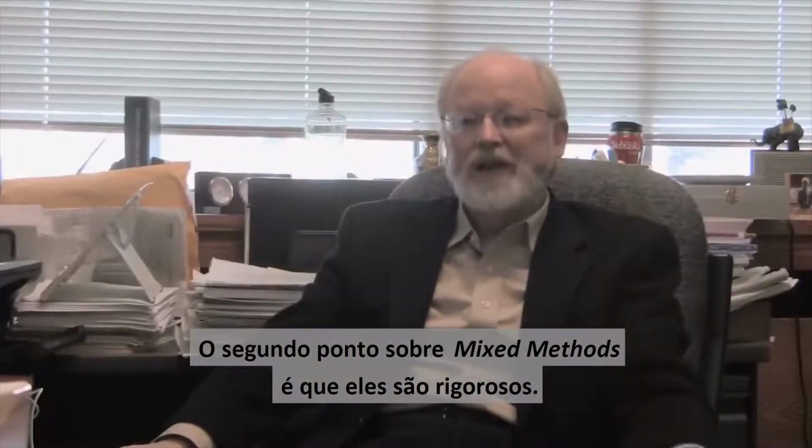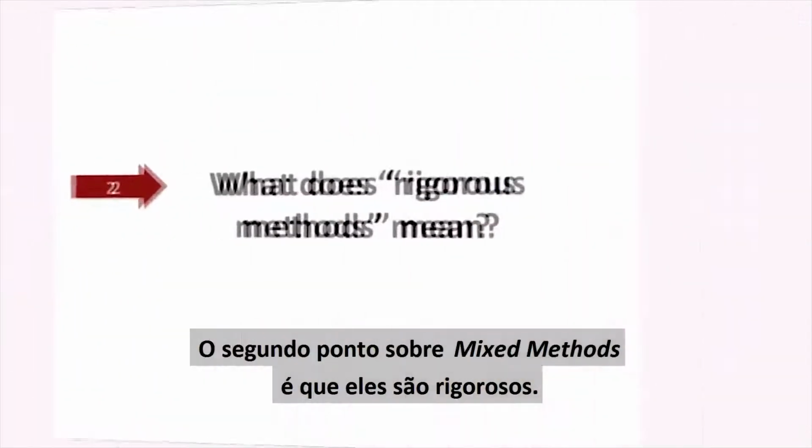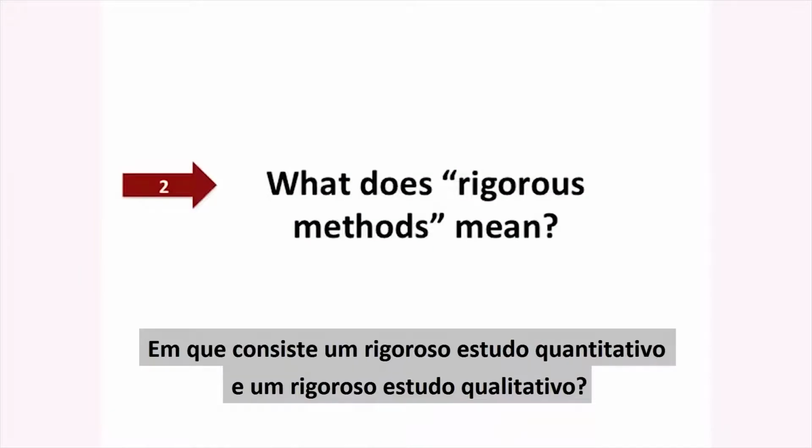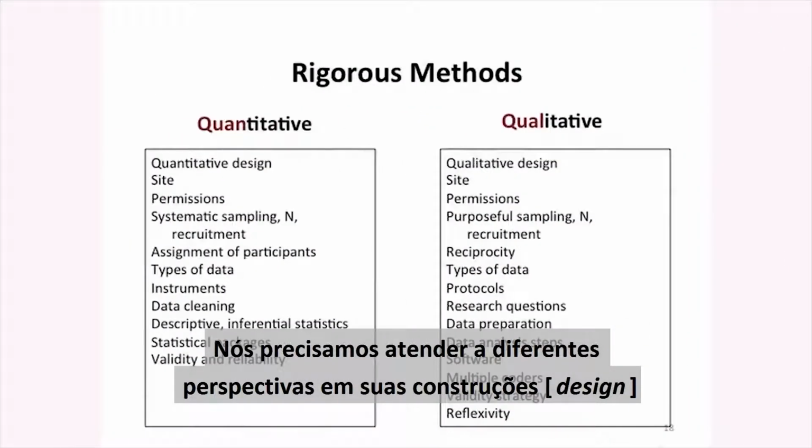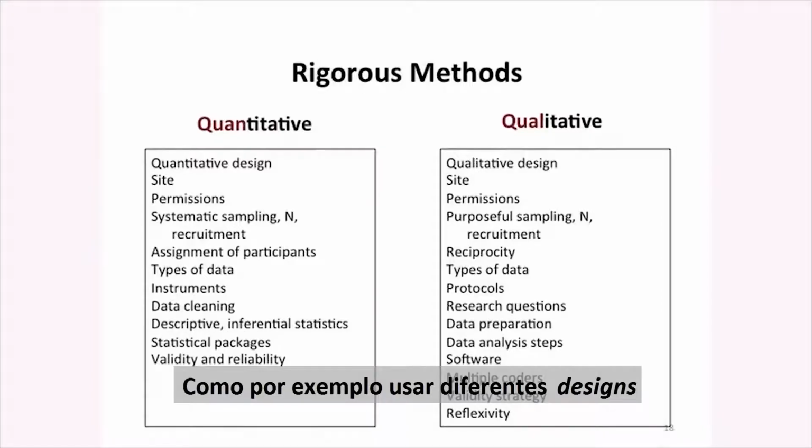So mixed methods, secondly, is rigorous. Well, what constitutes a rigorous quantitative study and a rigorous qualitative study? We need to attend to different perspectives about design, such as using a design procedure.